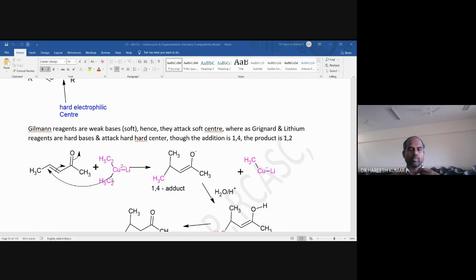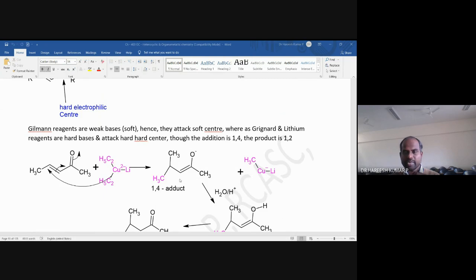There will be a new bond formation between this carbon and the soft electrophilic center of the alpha beta unsaturated carbonyl compound. So there will be an intermediate formation like this. That means C2H5 or CH3 will form a bond here, and the intermediate is obtained like this.